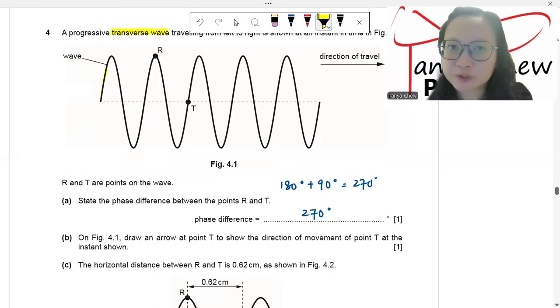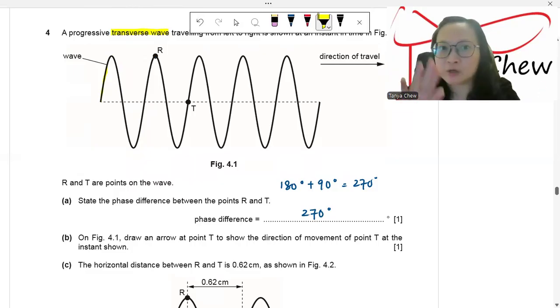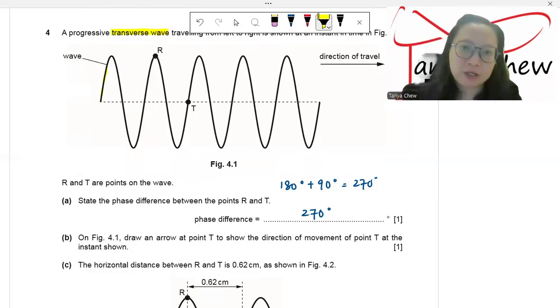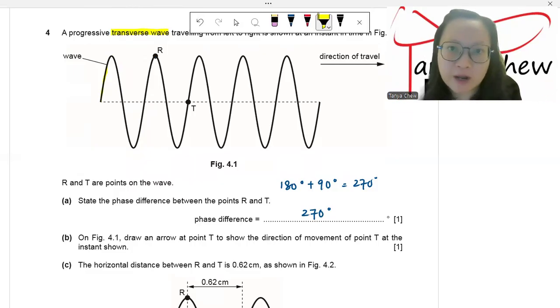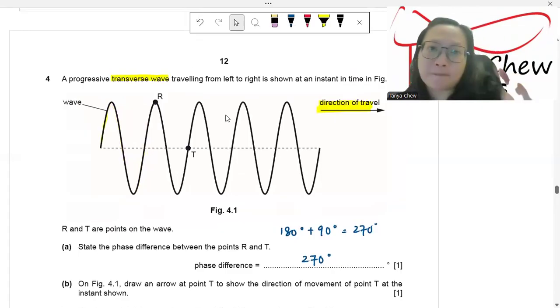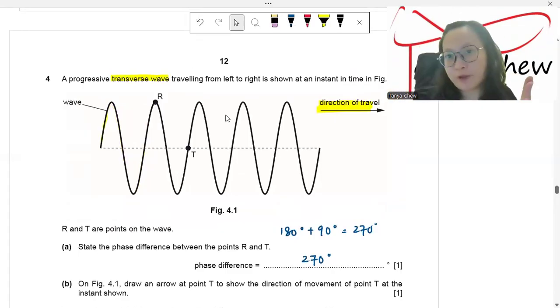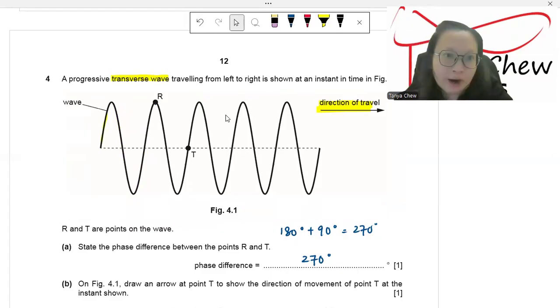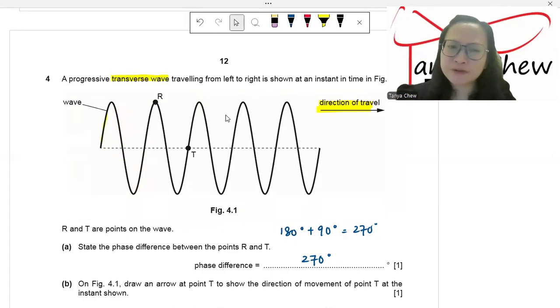The definition of a transverse wave is that the vibration of particles R and T will be perpendicular to the direction of travel of the wave. Since the wave is traveling to the right, the wave profile is moving from left to right. R and T will be vibrating up and down. But whether R and T are moving up or down, we need a guide. Now, what is the guide?